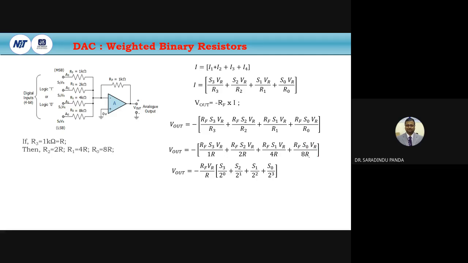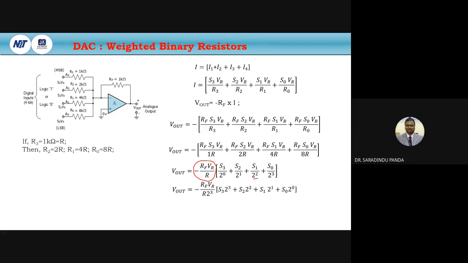Now if I take RF by R into VR common, then we get minus RF VR by R into S3 by 2 to the power 0, S2 by 2 to the power 1, S1 by 2 to the power 2, since this is 4, and S0 by 8, that means 2 to the power of 3.